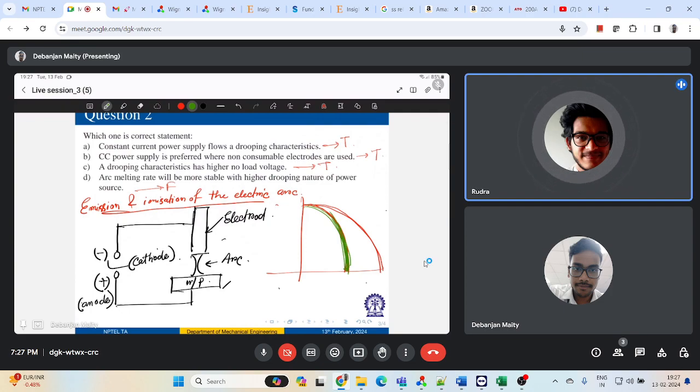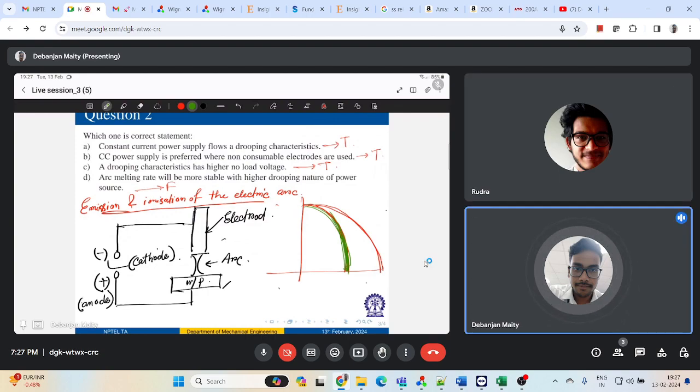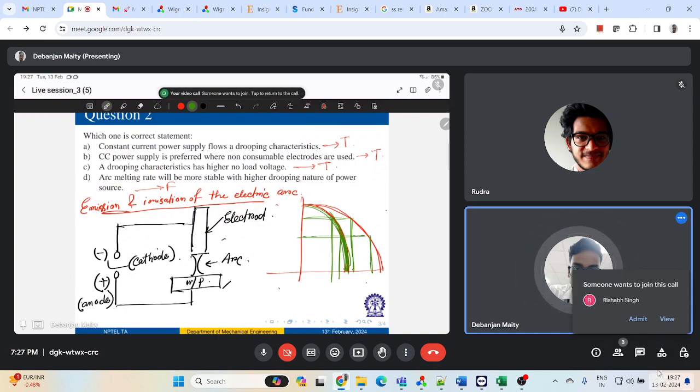Yes, correct. So over here, for a constant change in voltage, my change in current will be less.